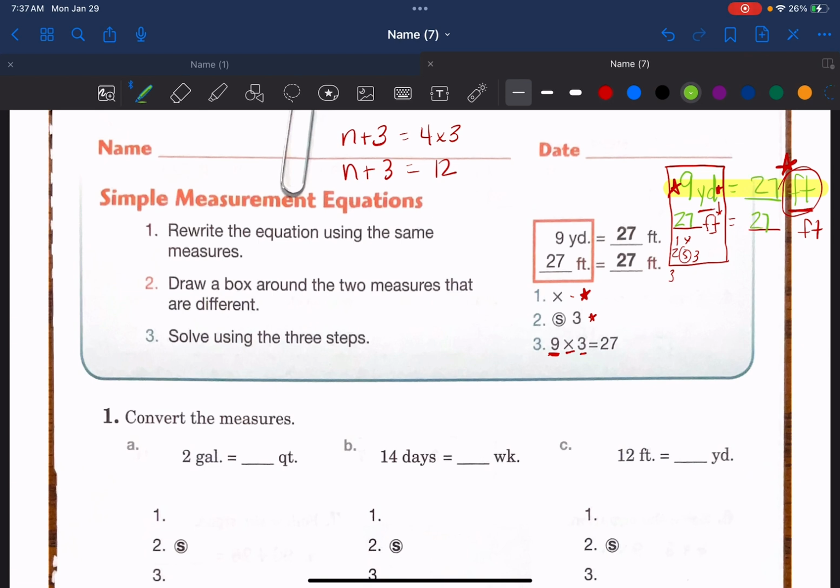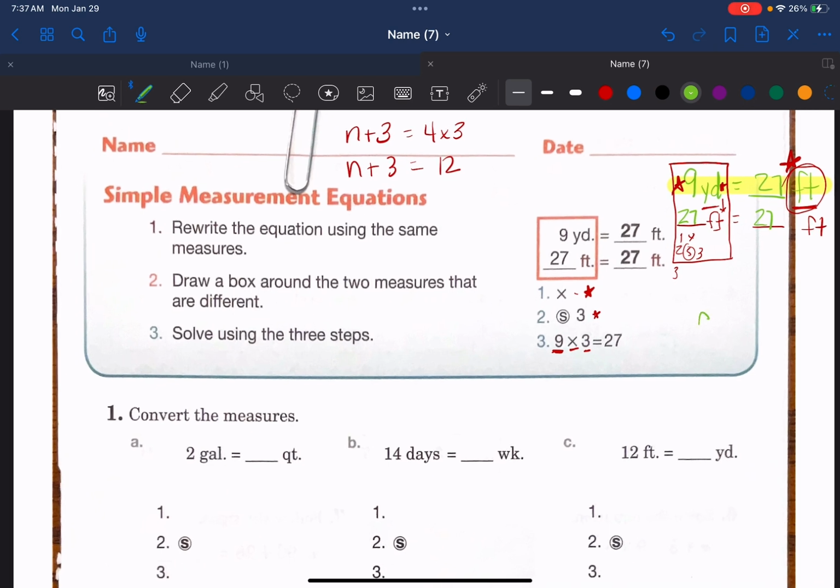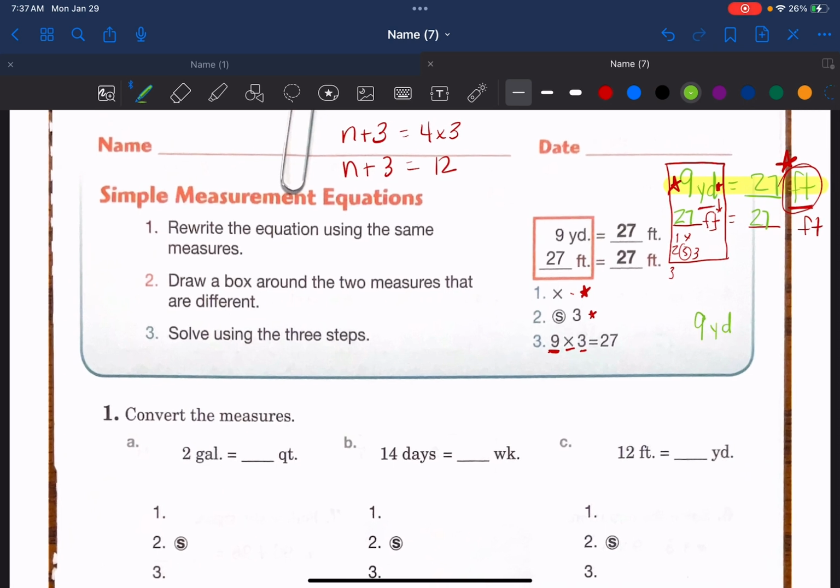27. Okay, like I said, now it seems repetitive. You're going to put 27 in 3 different spots. The reason we do this, though, is because pretty soon you are going to have equations that might look like this. Has your 9 yards equals blank feet, but it might also say plus 21 feet.